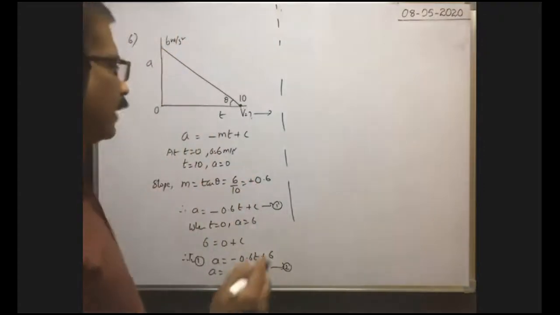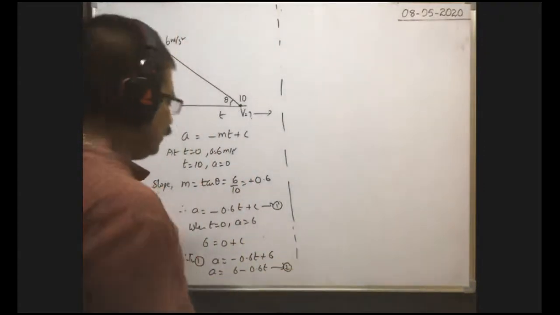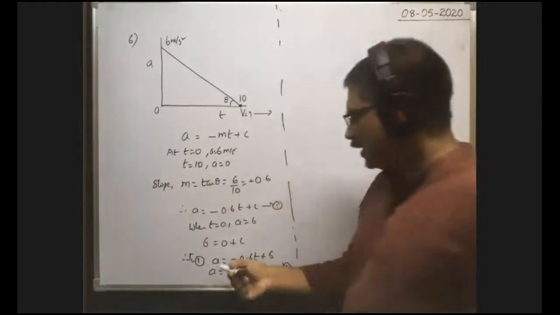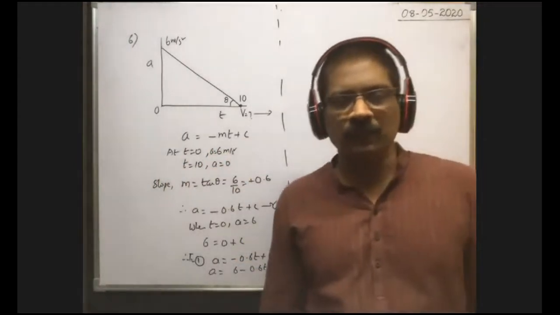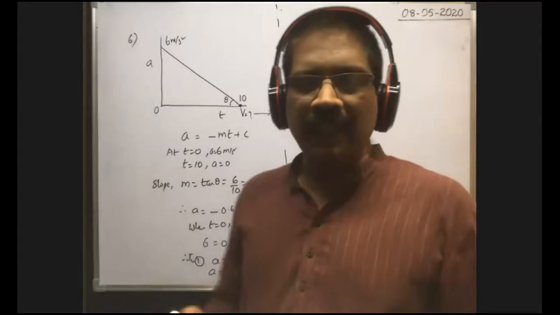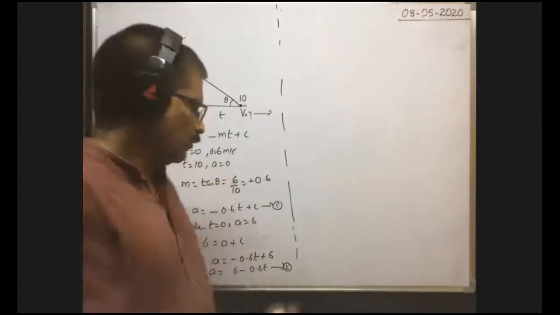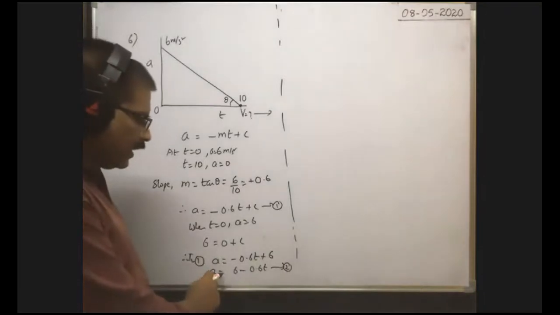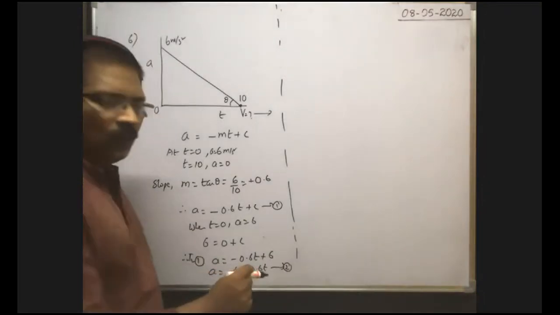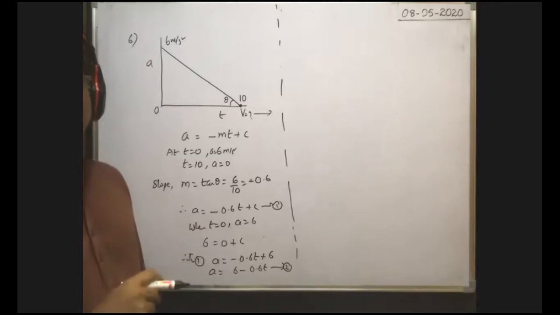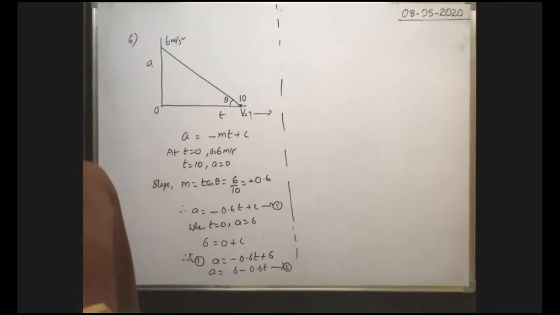Okay, right? So here, from this equation, to find the velocity, what we have to do? From this equation, acceleration a is equal to 6 minus 0.6t. We have to find the velocity first. A can be written as dv by dt.